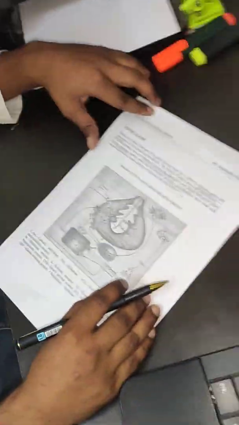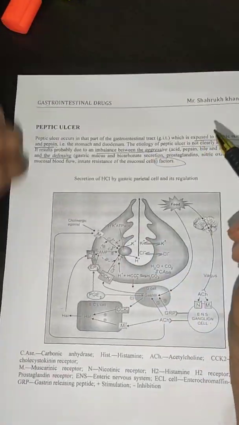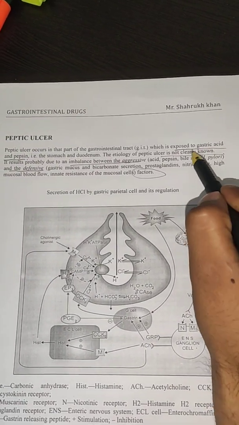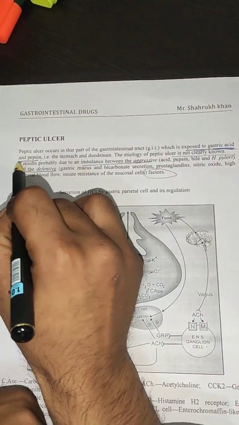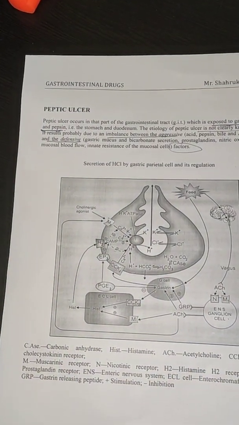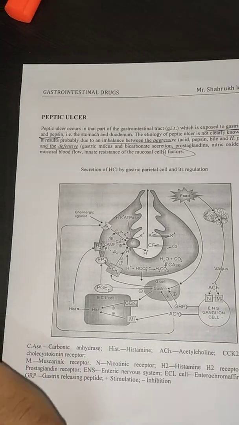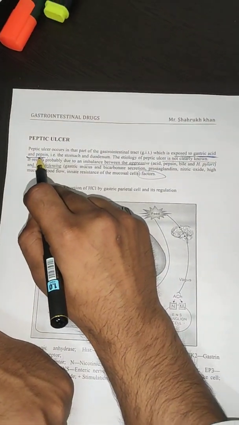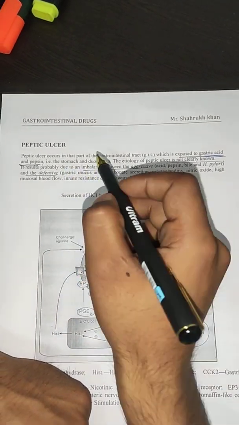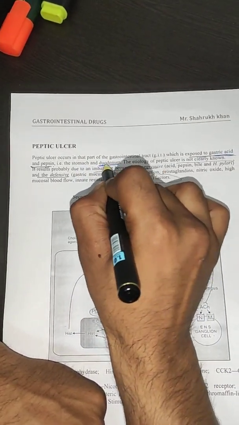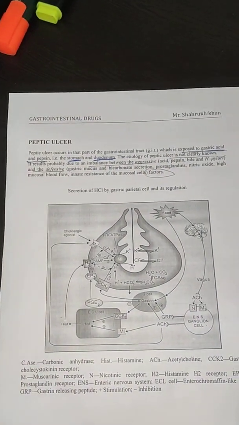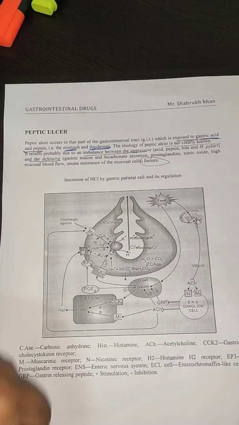Peptic ulcer is that part of the gastrointestinal tract which is exposed to gastric acid and pepsin. It means peptic ulcer occurs where gastric acid and pepsin act, that is the stomach and duodenum, the main parts where peptic ulcer is observed.